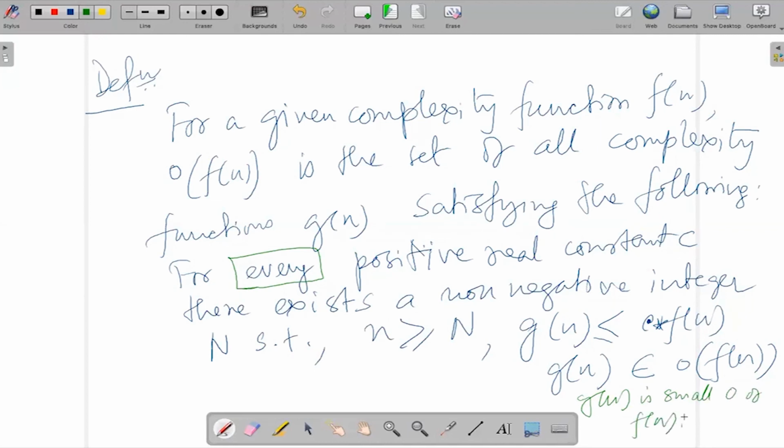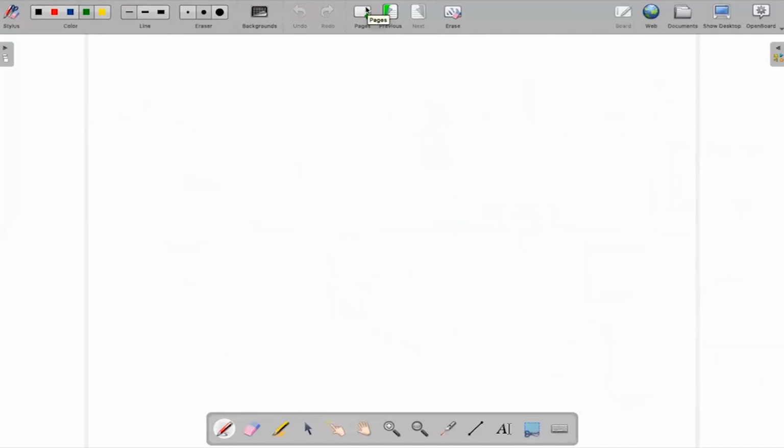Similarly, exactly similarly, you can also define the concept of small omega Fn, just like small o of Fn. So just to see the concept a little bit more clearly, let us say we are asked to show that n is also in small o of n square. We have already proved that n is in big O of n square.